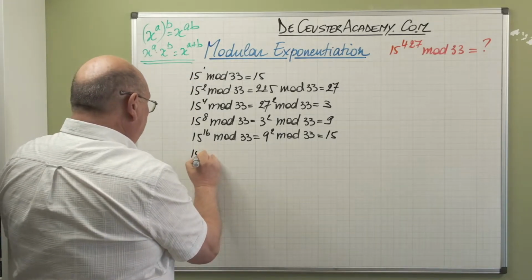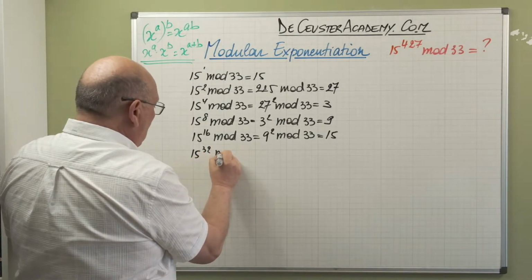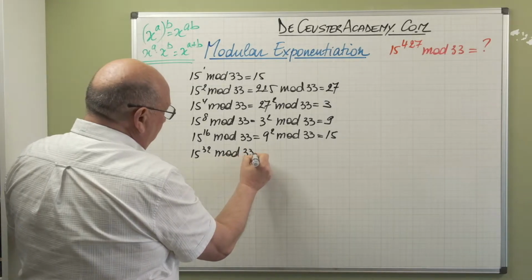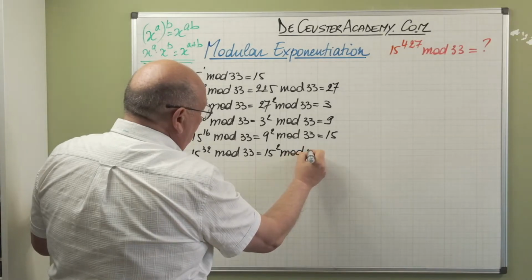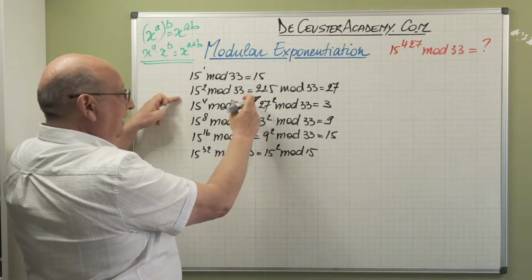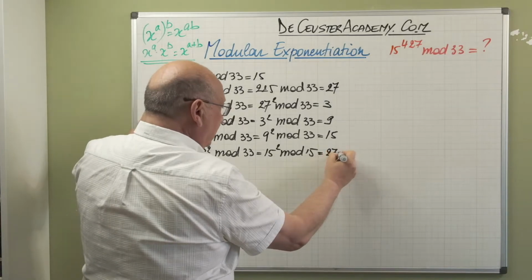Then we have 15 to the power 32 modulus 33 is 15 to the square modulus 33, and I can go back here, which is 27.